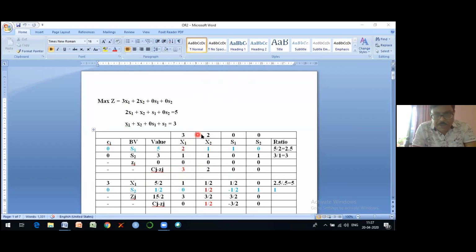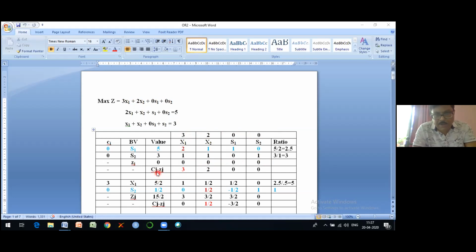Whatever coefficients we have written here, 3, 2, 0, 0, right, this is our coefficients value that we have got from the objective function. 3, 2, 0, 0. And this row is our Zj value.